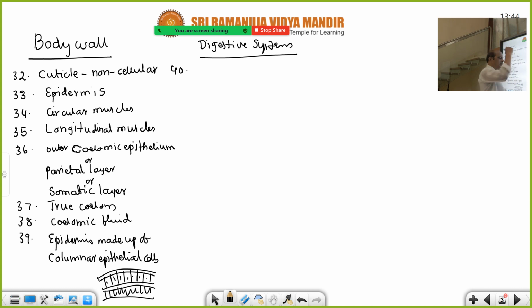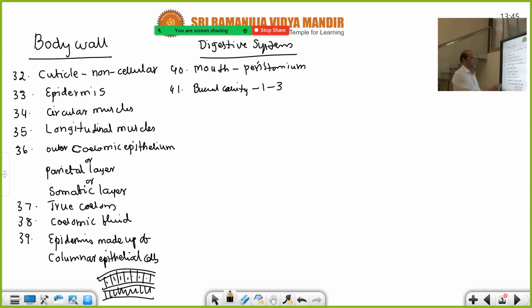Here the mouth lies in the peristomium. Mouth leads into buccal cavity. Buccal cavity, segments 1 to 3. Segments also we should give for buccal cavity.